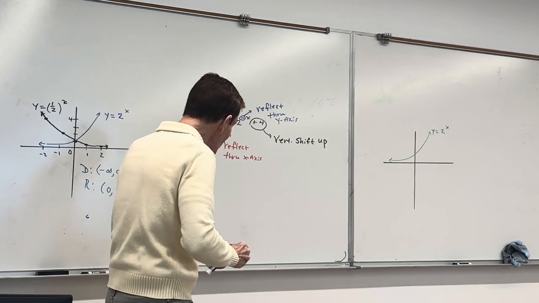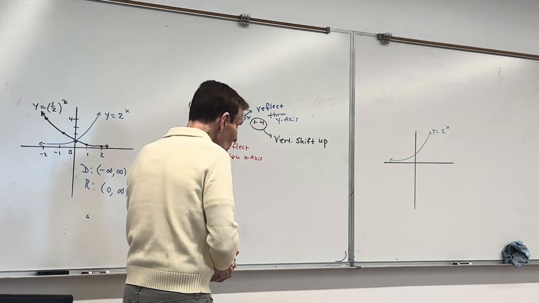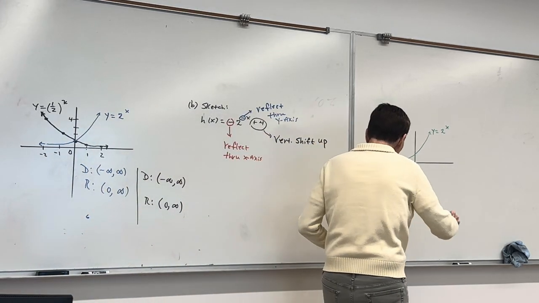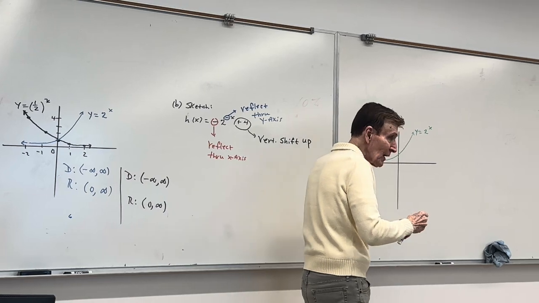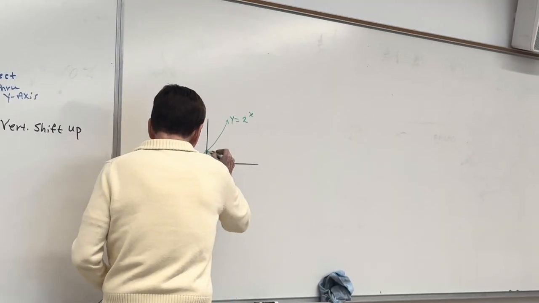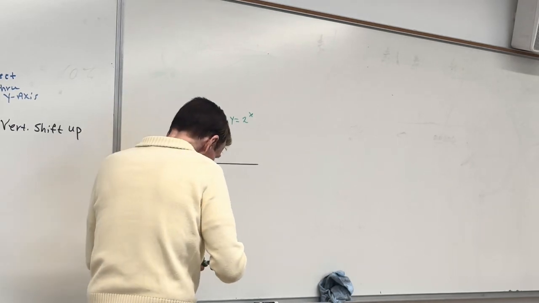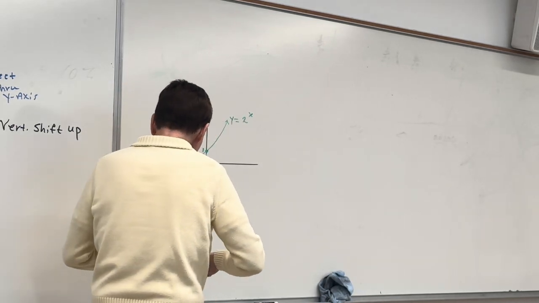Now, the red says reflect that graph through the x-axis. Don't let me make a mistake. Tell me, guys, is that point right there on the green graph 1, the y-intercept? Yes. Put that in, you know it's 1. Reflect this green graph through the x-axis.